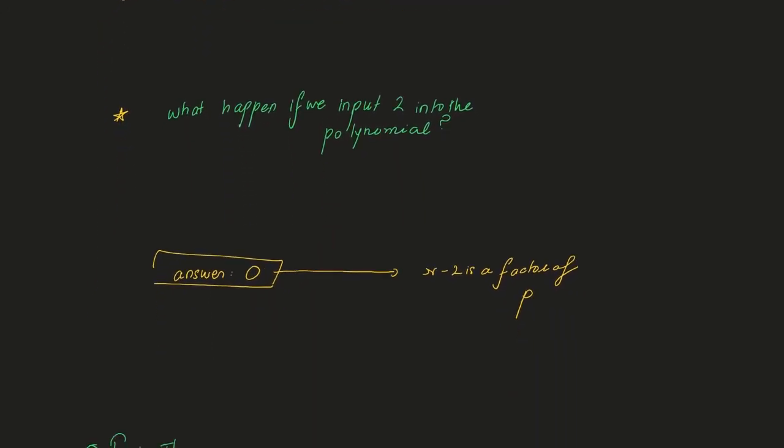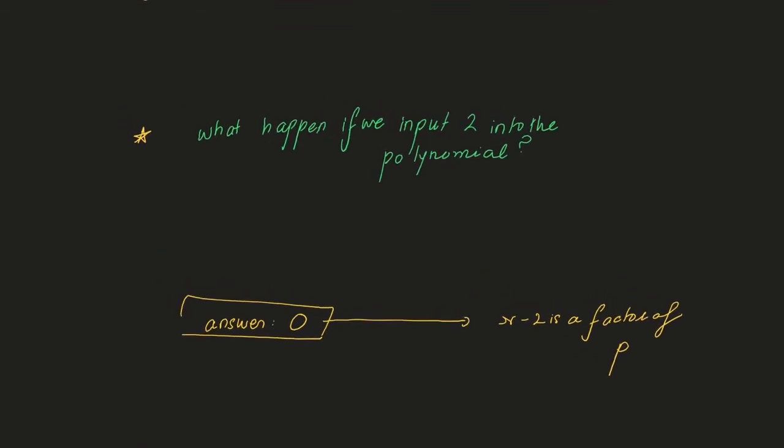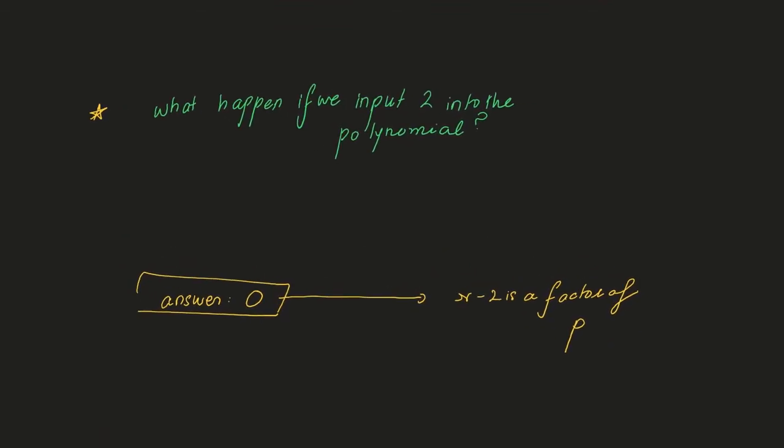Now let's look at what happens if we input 2 into the polynomial. The polynomial that we had was x cubed plus 2x squared minus 11x plus 6. So let's input 2 here: 2 cubed plus 2 times 2 squared minus 11 times 2 plus 6.